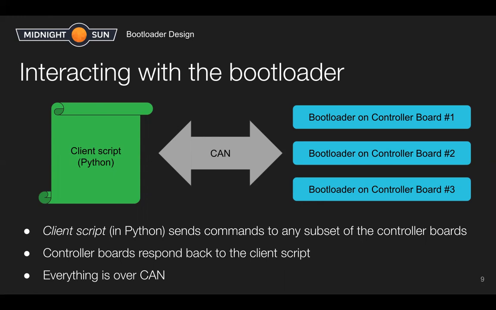In order to actually interact with the bootloaders that are running on the various controller boards in our car connected over CAN, we're going to have a client script written in Python, which sends commands to these controller boards over CAN.